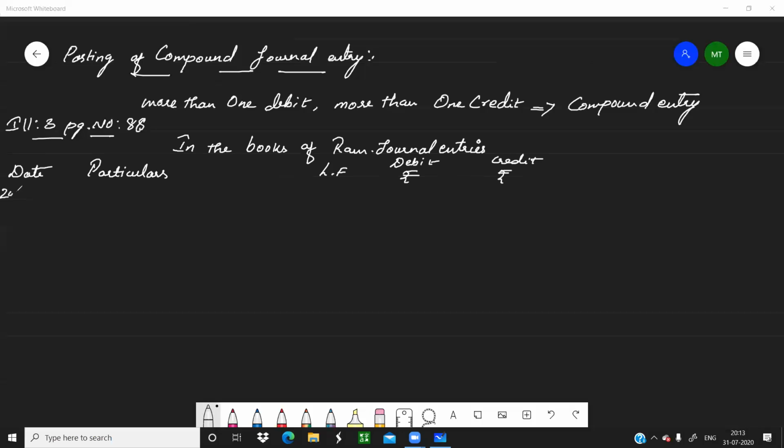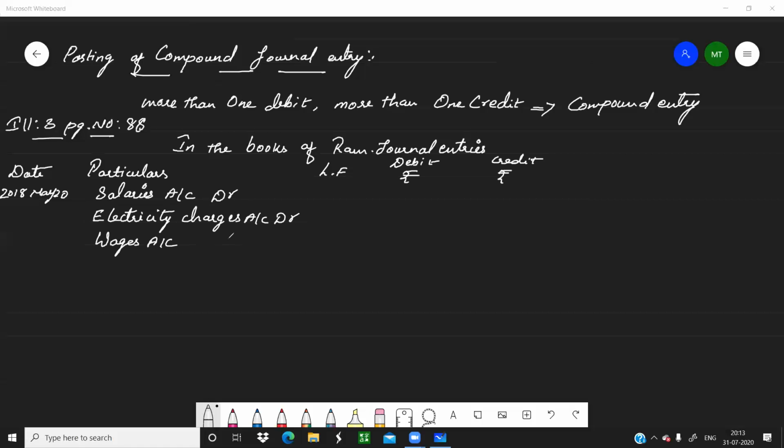First salaries account debit. Then electricity charges account debit. Then wages account debit, to cash account.